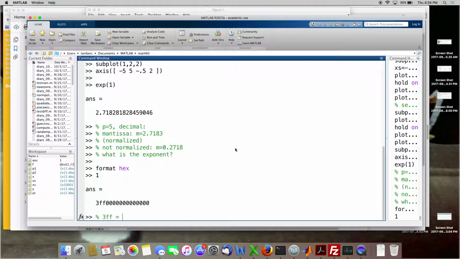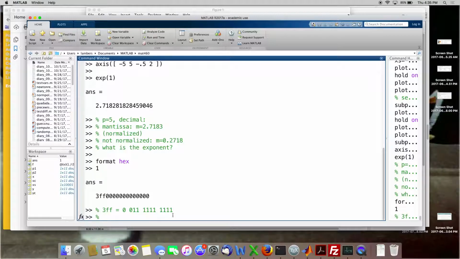3FF, if I were to write that in binary, would be a zero as the sign bit, and then 1, 1, 1, 1, 1, 1, 1, 1, 1, 1. So now we have 10 ones, a string of them, all in binary. That is 2 to the 10th minus 1.